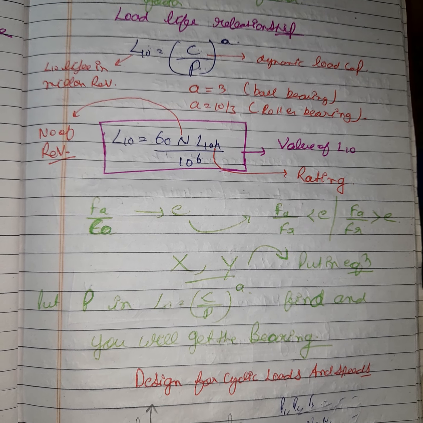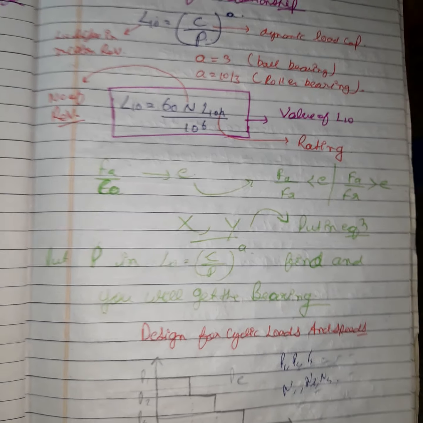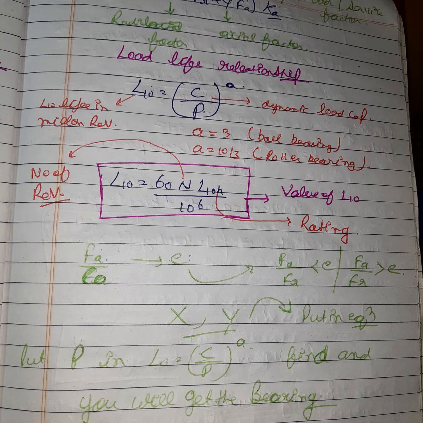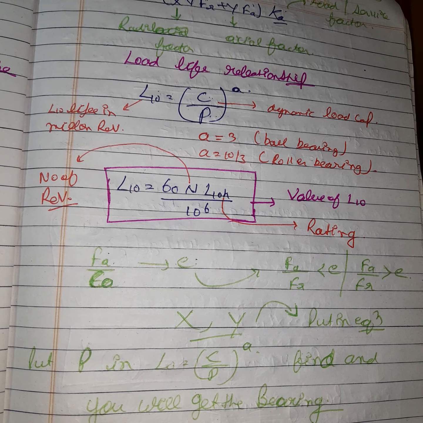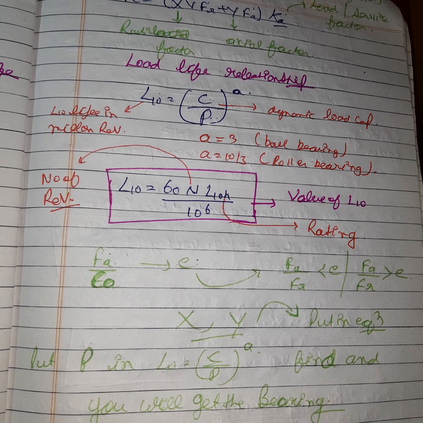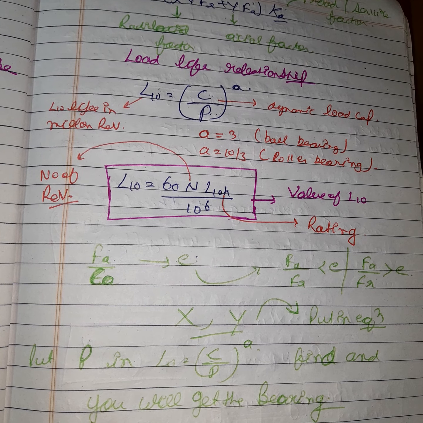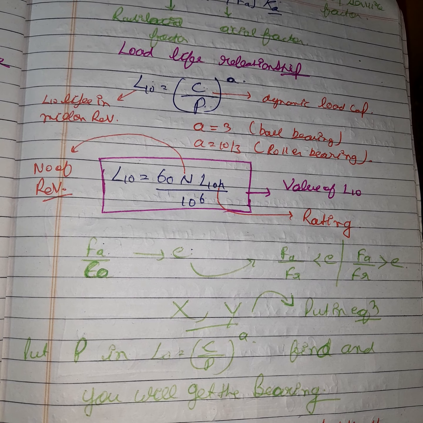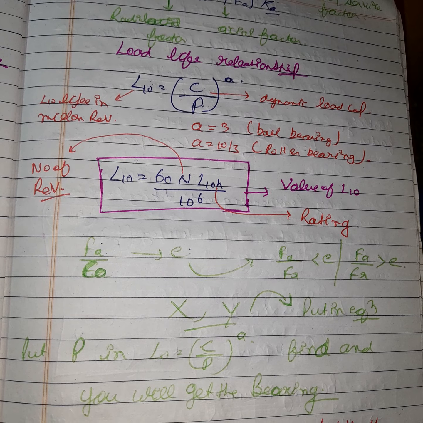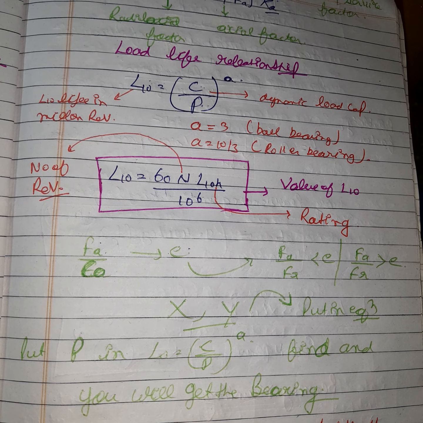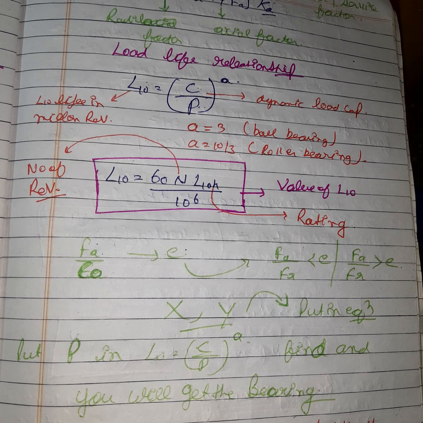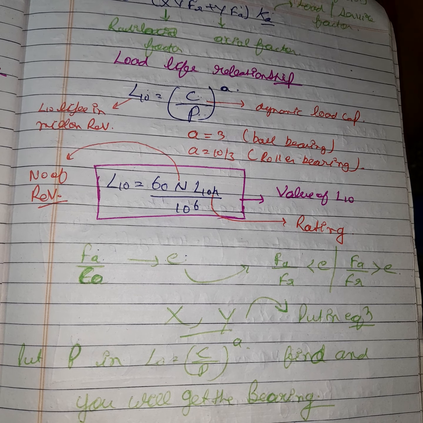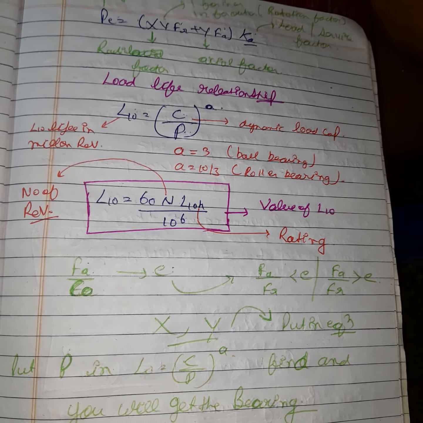Now for finding X and Y, by FA by C naught we calculate e, and then we take the ratio of FA by FR, and we check whether e is greater or less than FA by FR. By this we will be able to find X and Y by looking into the design data book, and by taking the values of X and Y from the design data book.